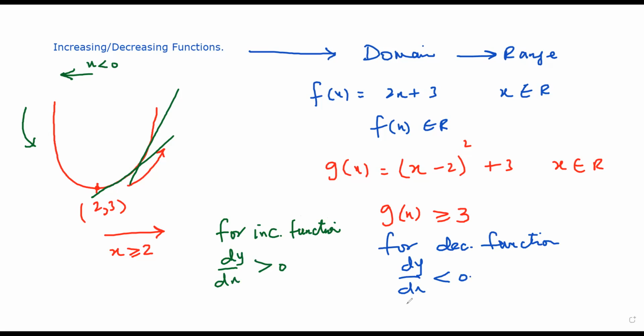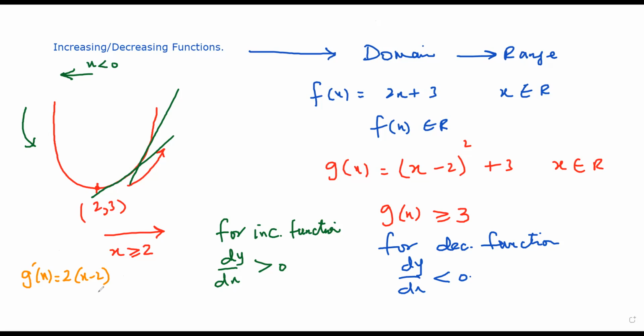So if you differentiate this g of x, what will you get? If you are now good at differentiation, g dash of x will be 2 into (x minus 2) into 1, and the derivative of 3 is going to be 0.